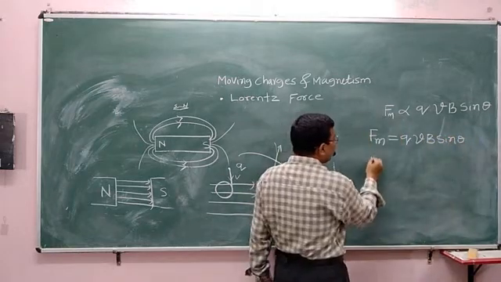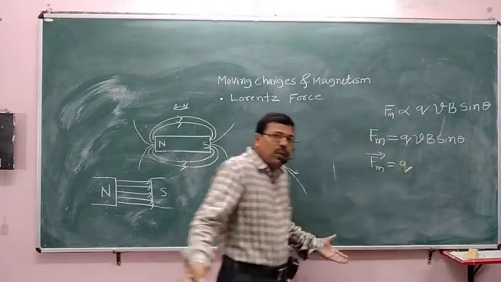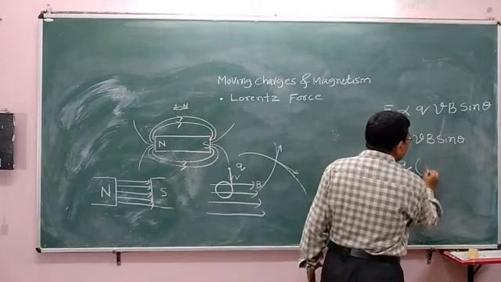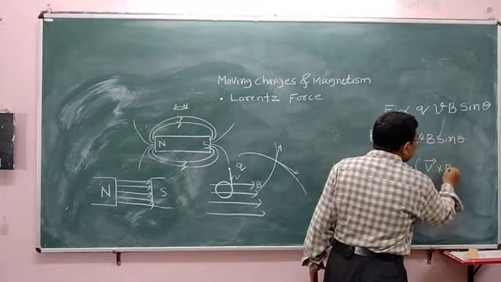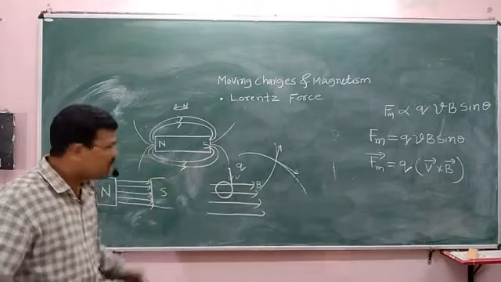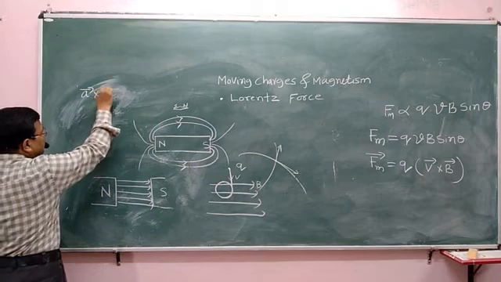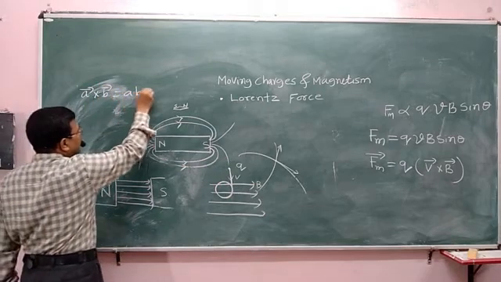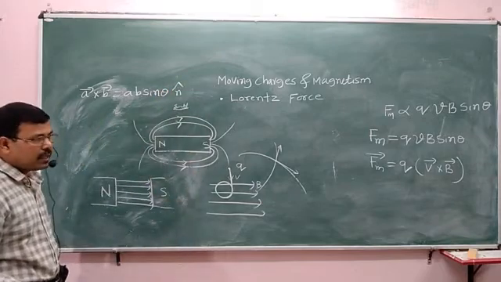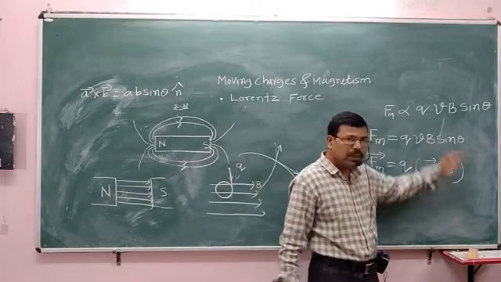He writes in vector form as Fm is equal to Q, where Q is a scalar quantity, and V B sine theta can be written as V cross B. Just like in 11th class we studied that A cross B is equal to AB sine theta n cap, in a similar way, V cross B is equal to VB sine theta.